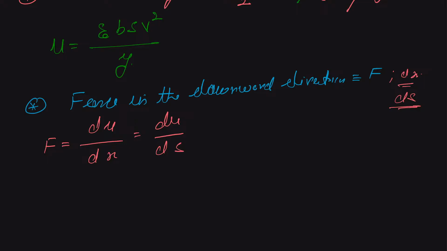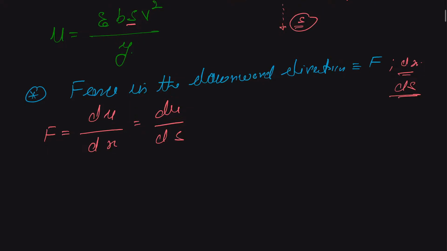Therefore the only variable is S, because as the sheet is moving in the downward direction, the overlap, which is denoted as S, is going to change. Rest of the dimensions are the same. Therefore the force will be equal to, because here it is S, ds by ds, which will be equal to 1.